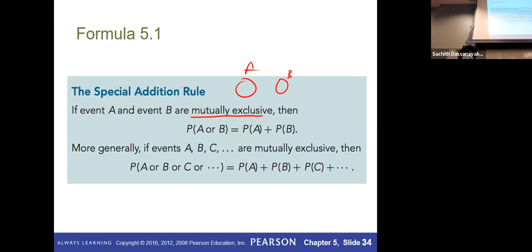If we have two or more mutually exclusive events, we can find the probability this way. Let's say we have two: probability of A or B we can find simply by taking those two separately, probability of A plus probability of B. If we have more events, it doesn't matter how many, we can extend it: A or B or C or D, probability of A plus probability of B plus C, and so on.